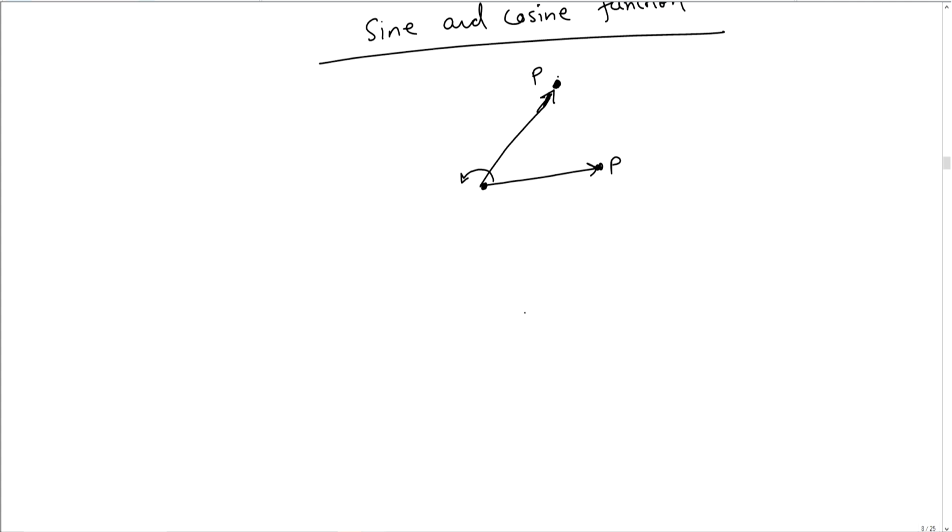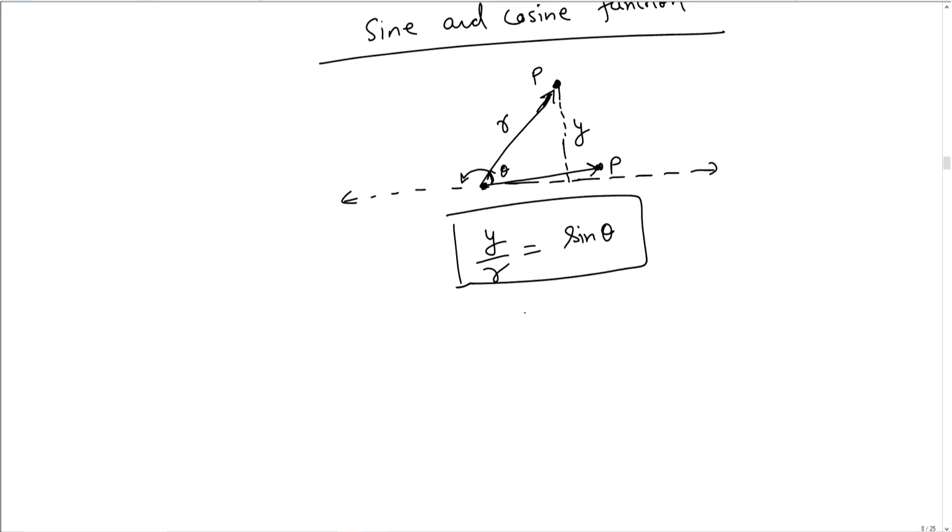This is the free end P, and let us say the angle it makes with this reference is theta, and height of this rotating end P from this reference is y, length of the ladder is r, then y by r is actually sine function of theta, it is actually sine theta.